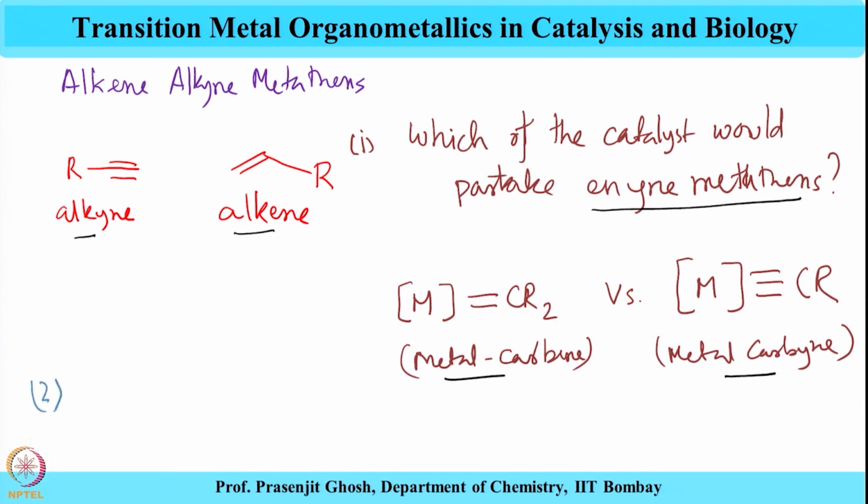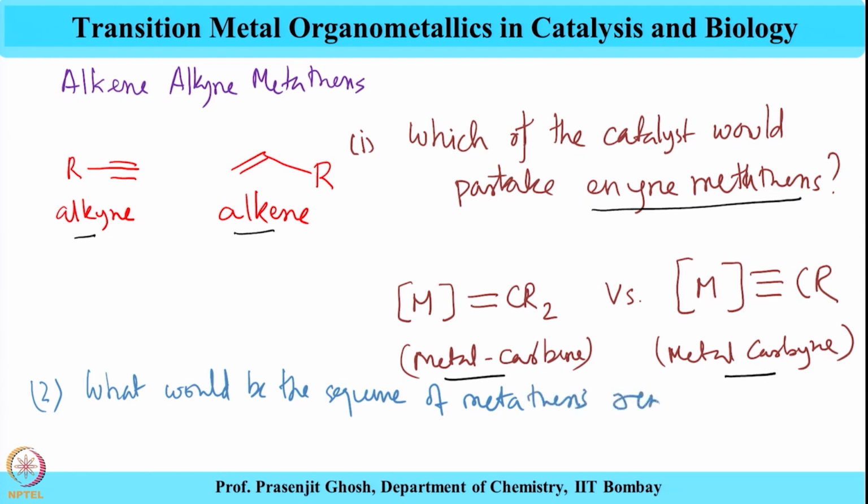It says, okay, even if one of the two, or both of them, is effective for carrying out this enyne metathesis, then the question is what would be the sequence of metathesis reaction?